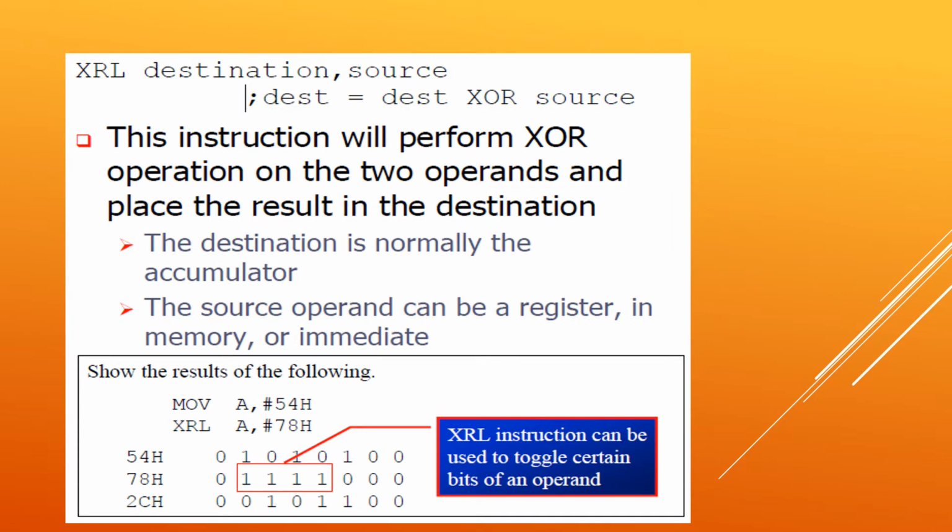Now the next one is XRL, for the XORing operation. The instruction will perform XOR on two operands and place the result in the destination. The destination is normally the accumulator. The source operand can again be register, memory, or immediate. It can also be used to see if two registers have the same values.